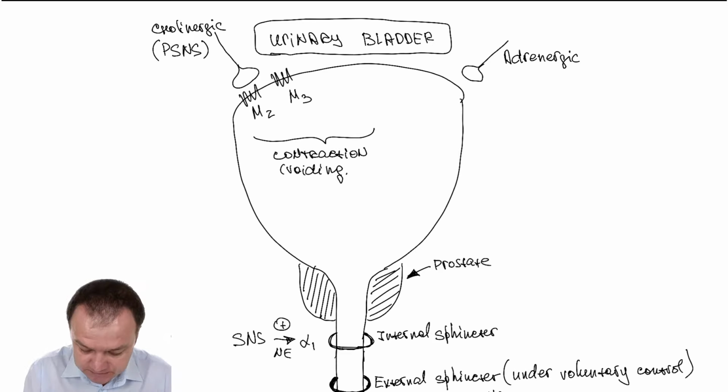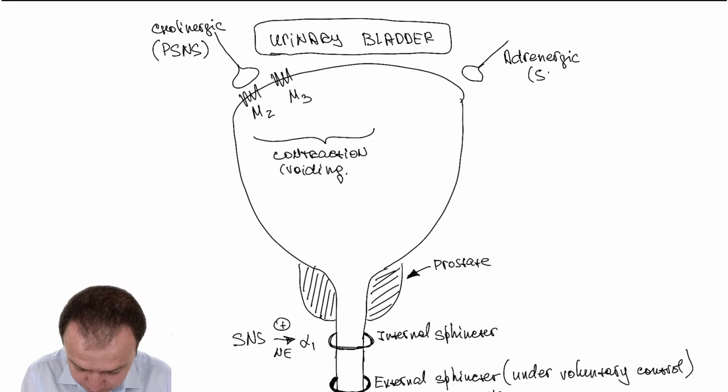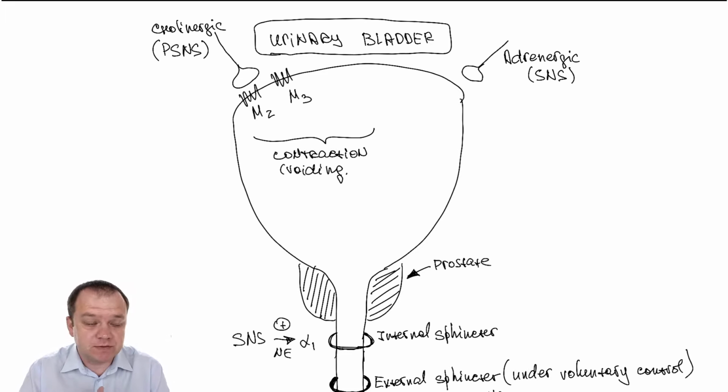What about adrenergic? Adrenergic is the sympathetic nervous system, and we know that the sympathetic nervous system is responsible for the fight and flight response, and it is no time for voiding during stress.